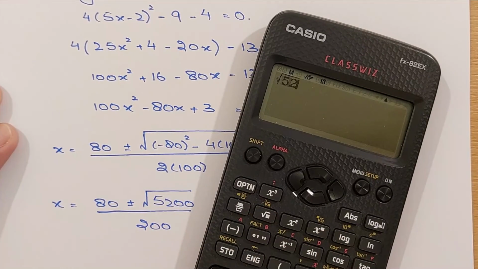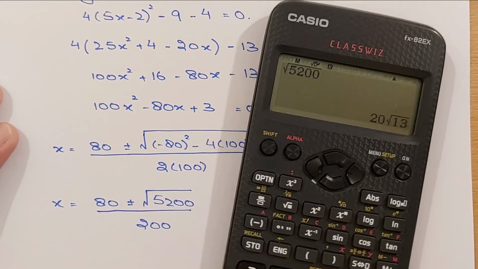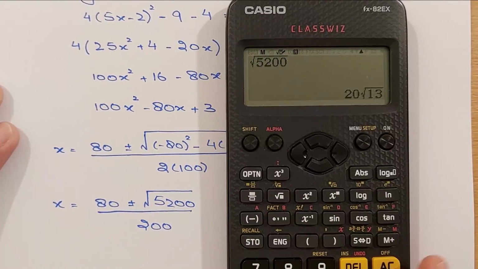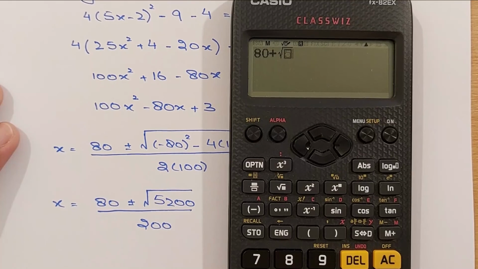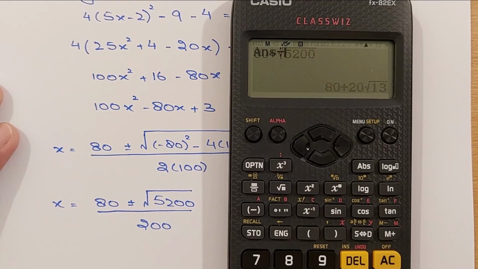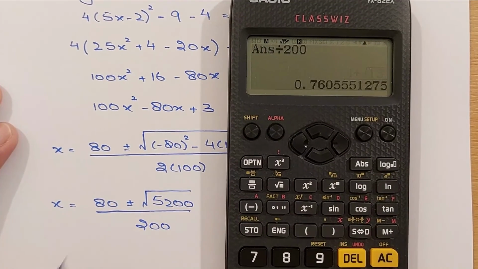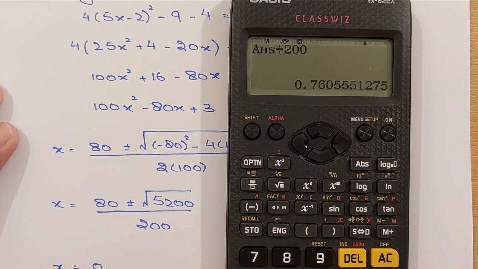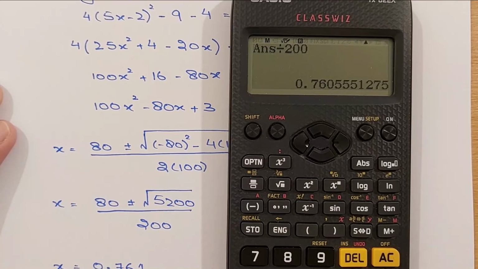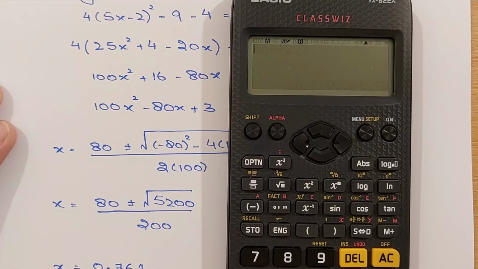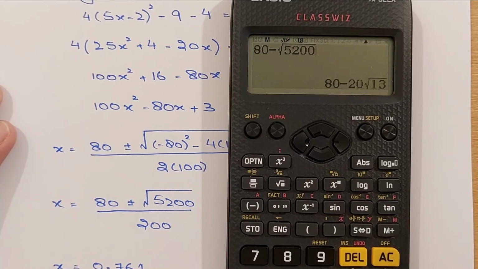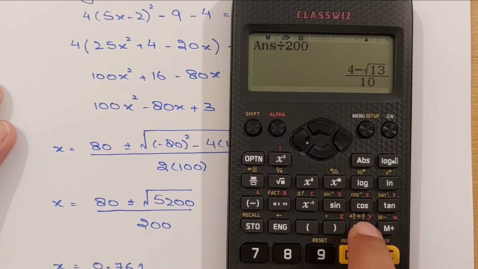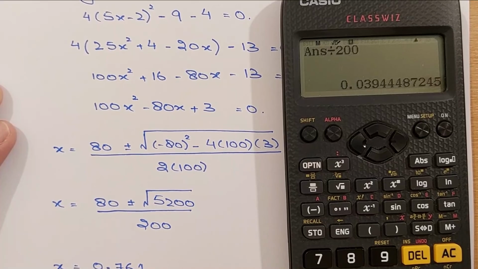Square root of 5200. Okay, now we have two values for x from here. 80 plus square root 5200 divided by 200, the first value, x is equal to 0.761, right? And we have the second value, 80 minus square root of 5200 divided by 200.